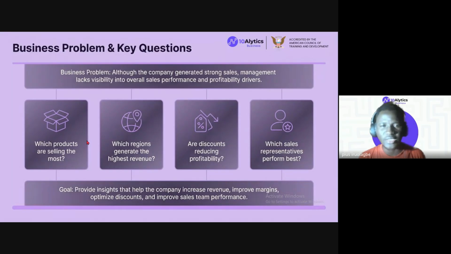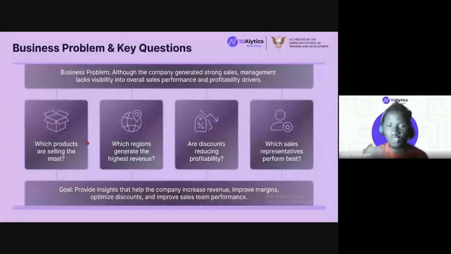Although the company generated strong sales, management lacks visibility into overall sales performance and profitability drivers. They do not know which products are selling the most, and in under 15 minutes we will be able to tell which product is selling the most. They do not know which regions are generating the highest revenue.